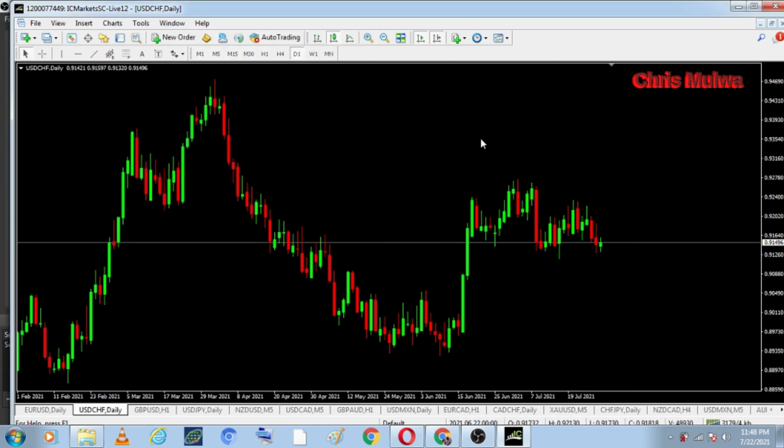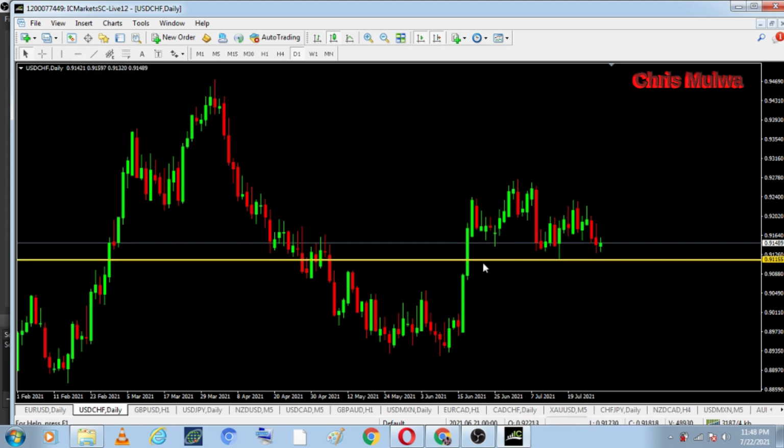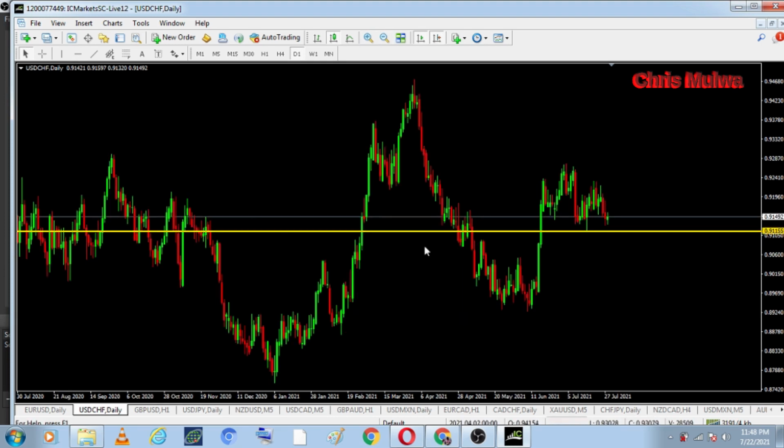Okay, according to me, today for this currency there is a strong zone, and I'm expecting this currency to correct a little bit, although it may continue.